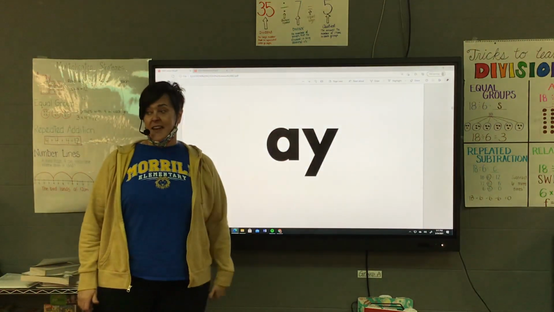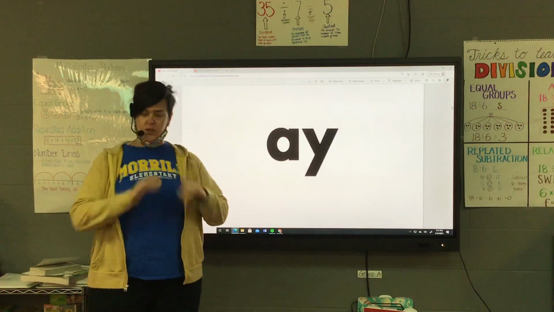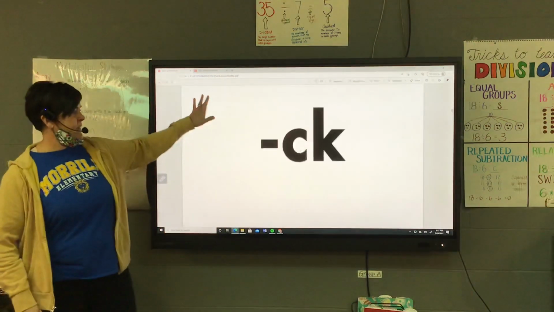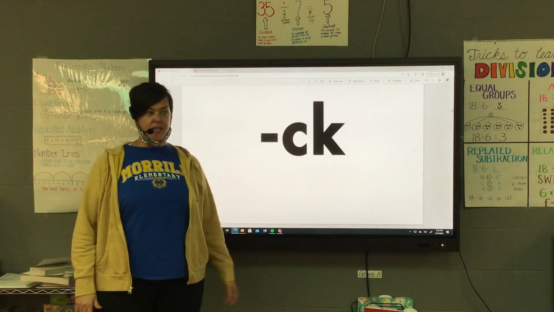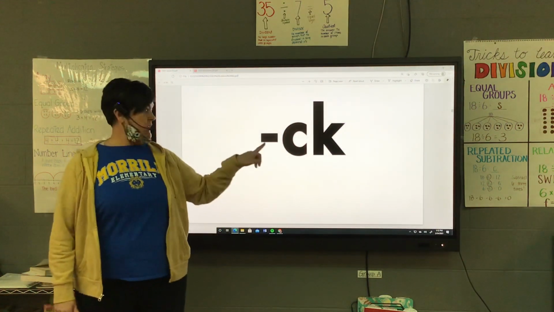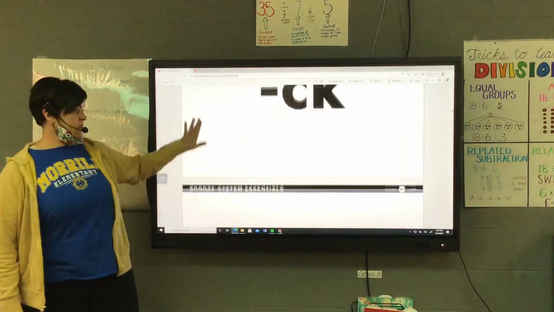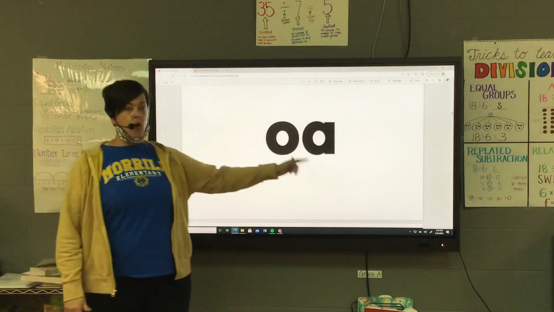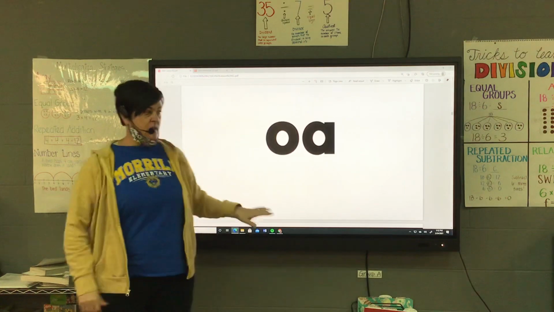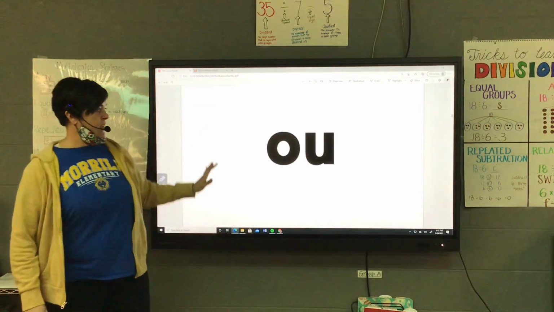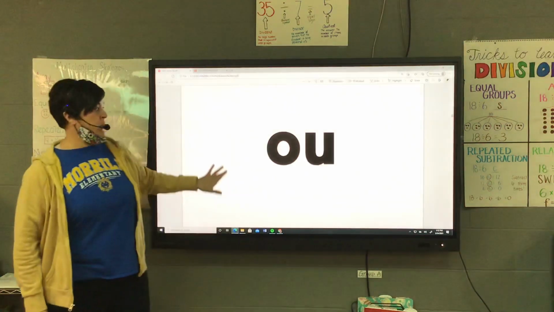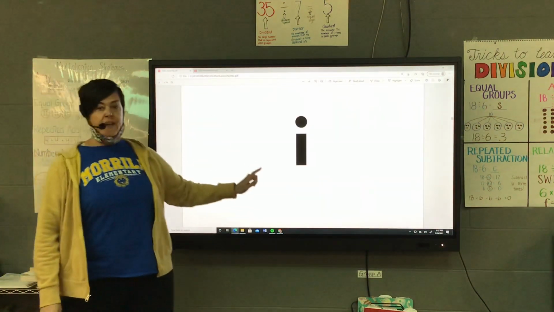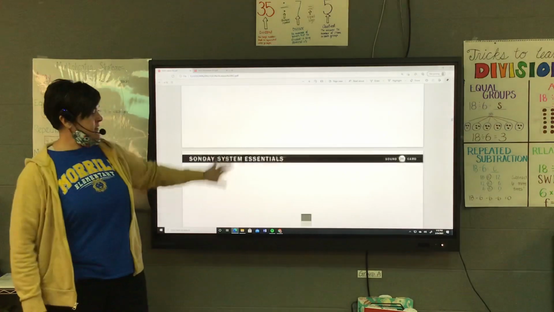A at the end of a short word. At the end of a word. And what does it follow? Short vowel. A short vowel. O in the middle of a word. Ow in the middle of a word.